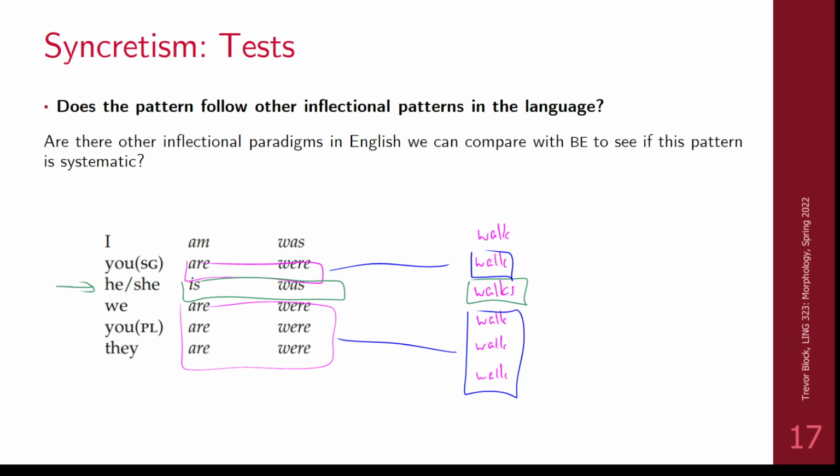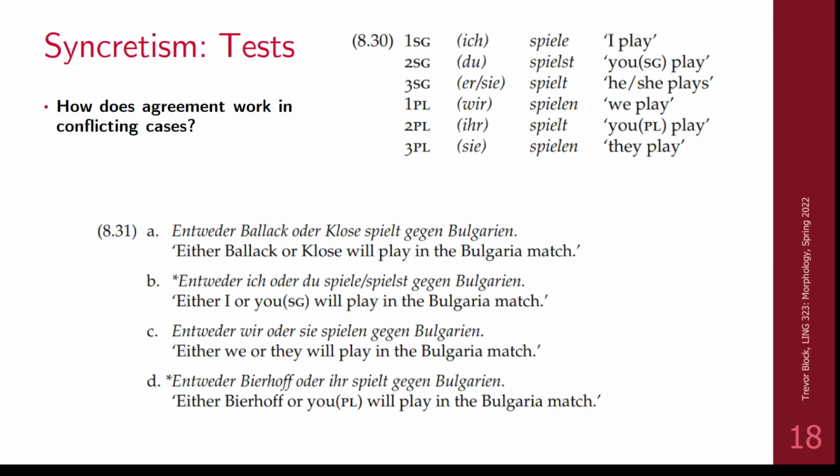The plural form and the singular you form are the same form, not just for be, but for all verbs. We might also test some coordination, some grammaticality. So in English, it's like, I or you play. He or she plays. But you can't say he or we plays, right? He or we plays, that's weird.